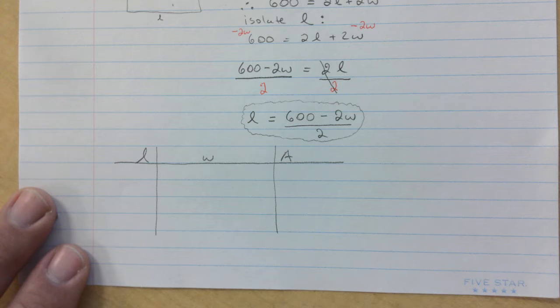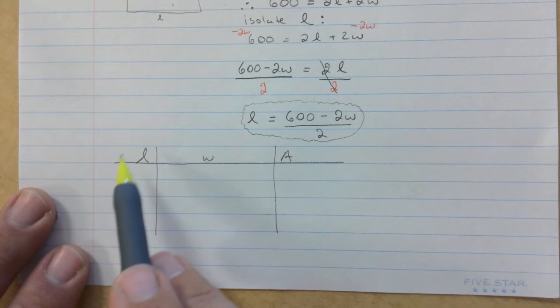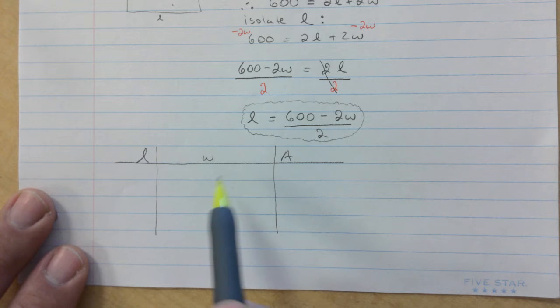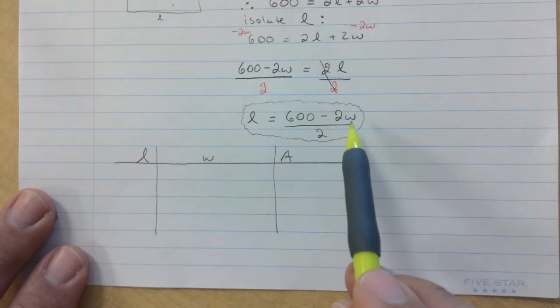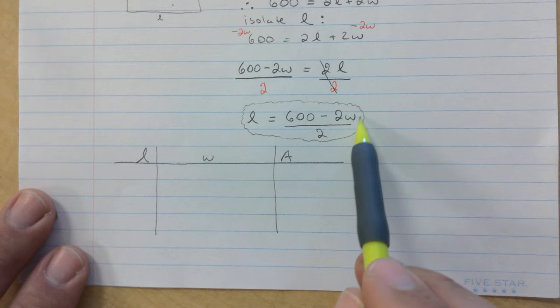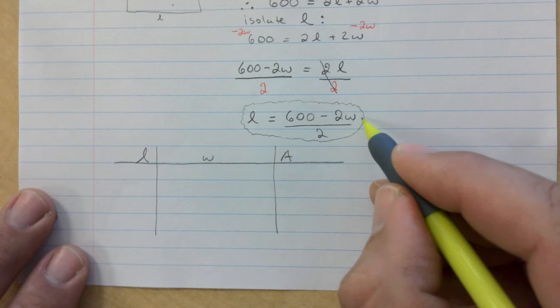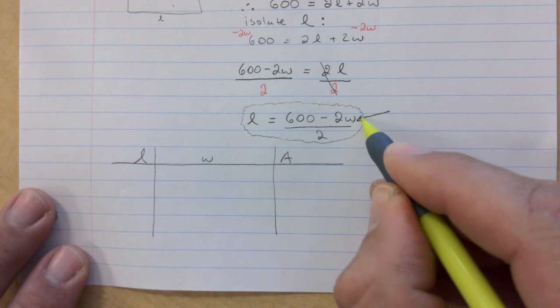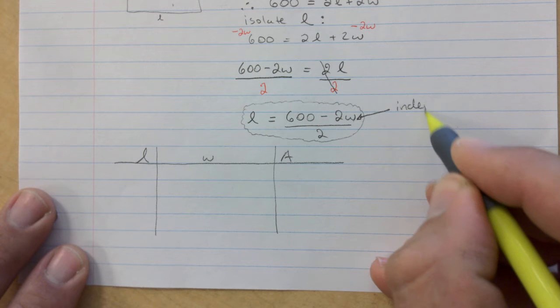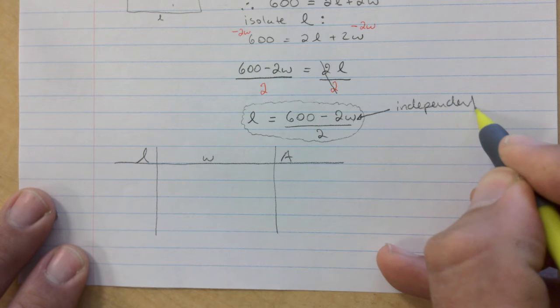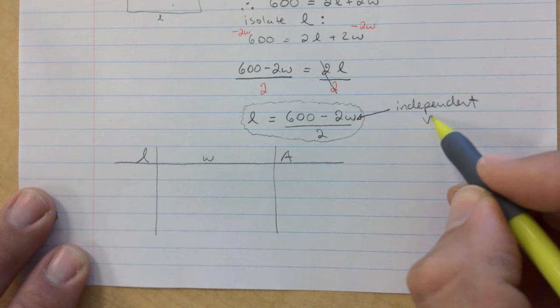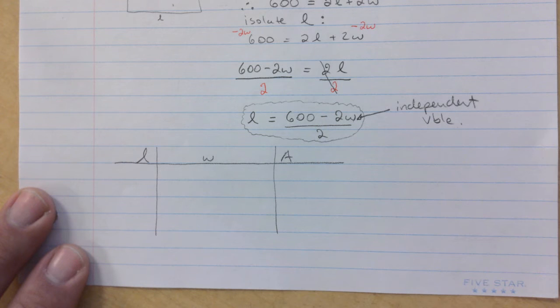In this particular instance, you can choose, and whatever variable is on the right is called the independent variable. So we're going to call that independent in this case, meaning you get to pick values for it. It's your X in a sense.